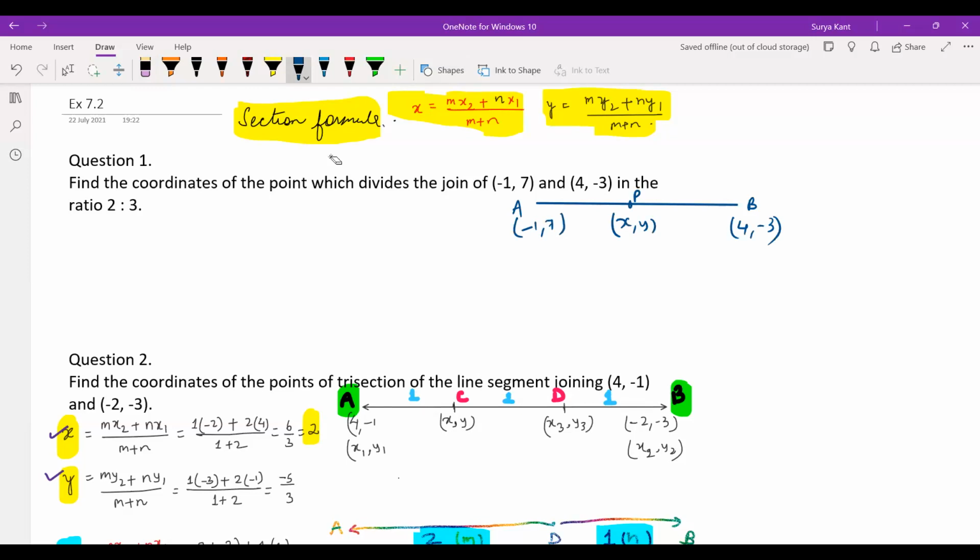We have to find this x comma y, and the ratio is given as 2:3. So this is 2 and this is 3. We let this be x1, y1, this x2, y2, this m and this n. Then you can simply put the values in the formula and get the answer. That's all.